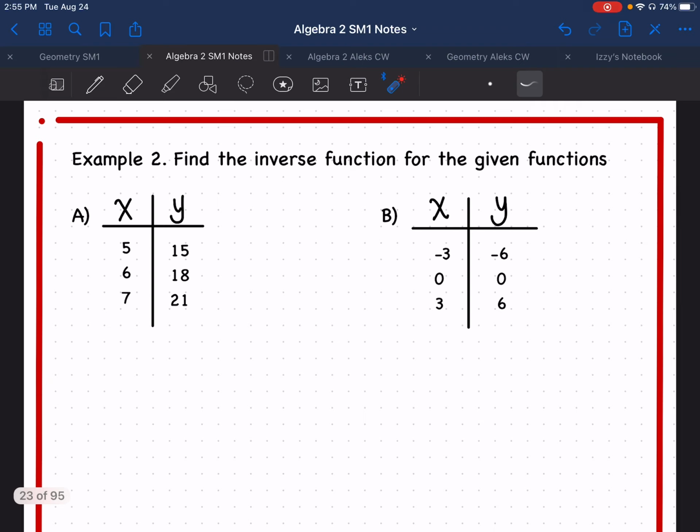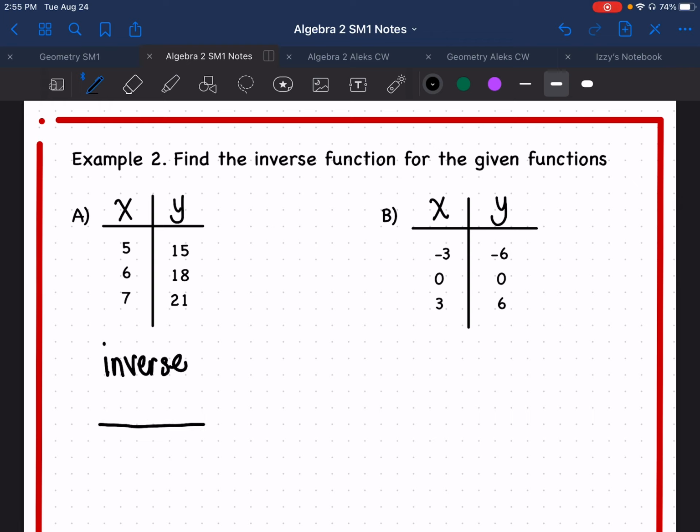Let's try one with some tables. Find the inverse of the function for the given functions below. All right, here we go. So all we need are the inverses, and I'm going to write the word inverse, and use the same format that they used up above.